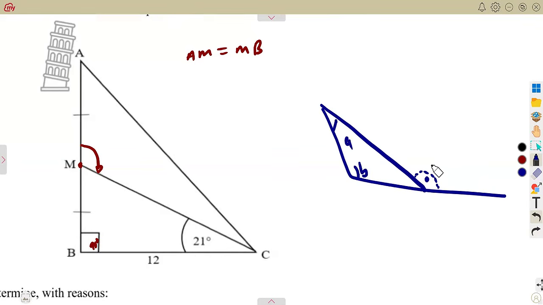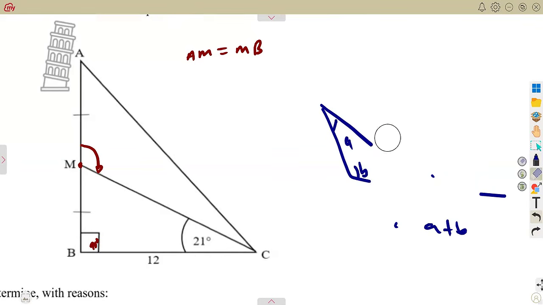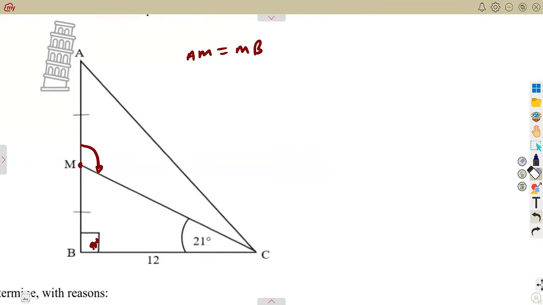A and B must give us C. So C is equal to A plus B. So we're going to use that exterior angle of a triangle in that case. That's 4.1.1. So AMC is simply going to be the sum of the opposite interior angles, which are 21 and 90. So the sum of these two, 90 plus 21 degrees.